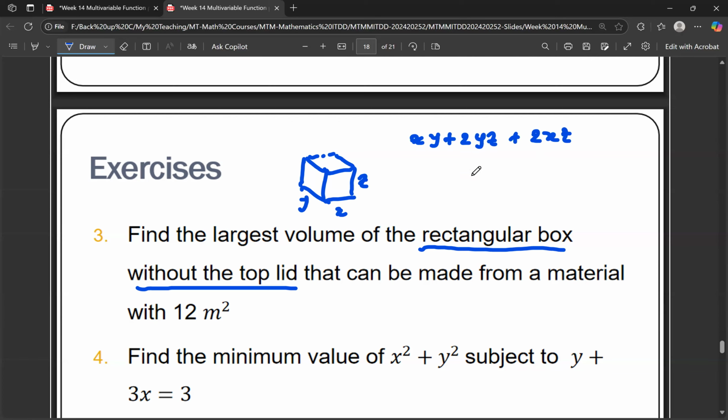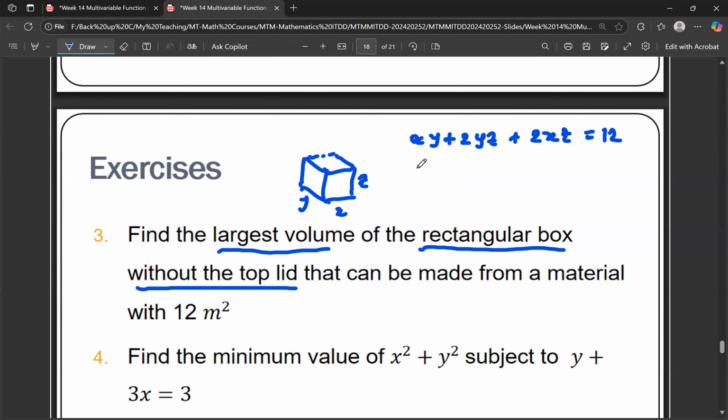This is the cover, the material, and the material must be 12 meter square, and we must find the largest volume.